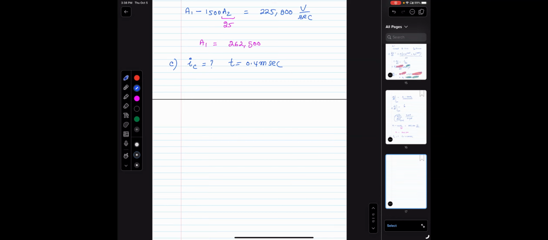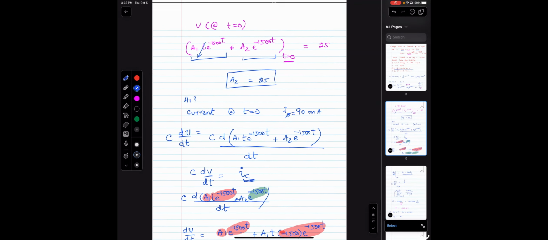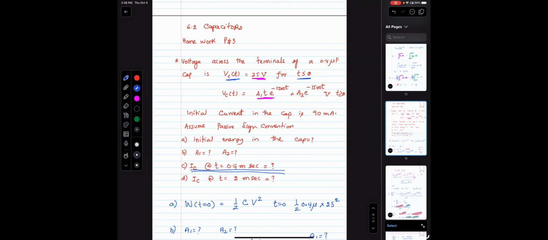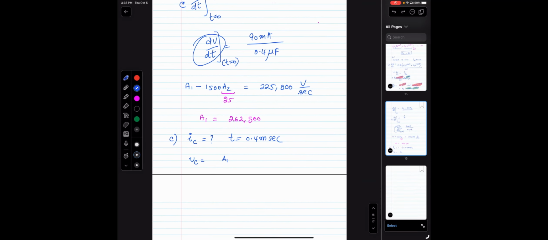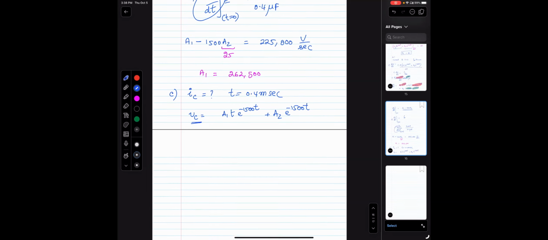Well, we know the expression for the voltage, right? VC equals A1 t e to the negative 1500 t plus A2 e to the negative 1500 t. This is the expression for voltage.